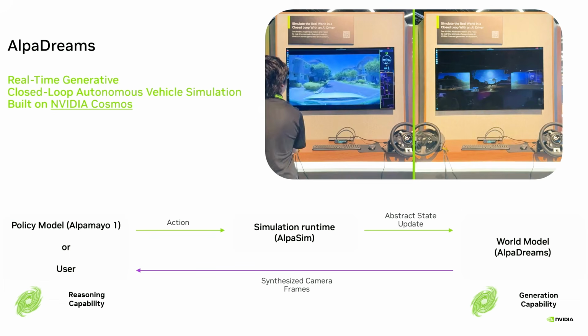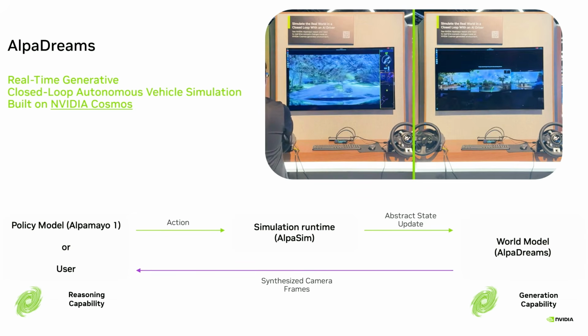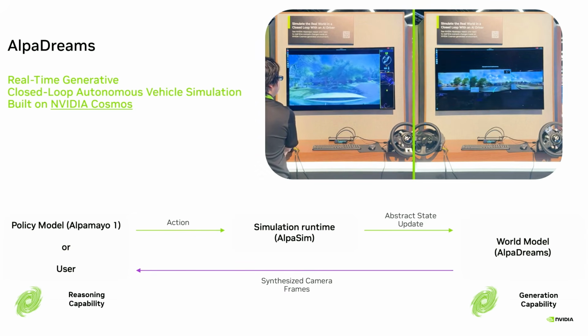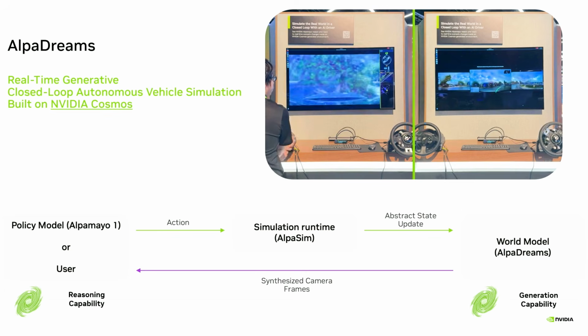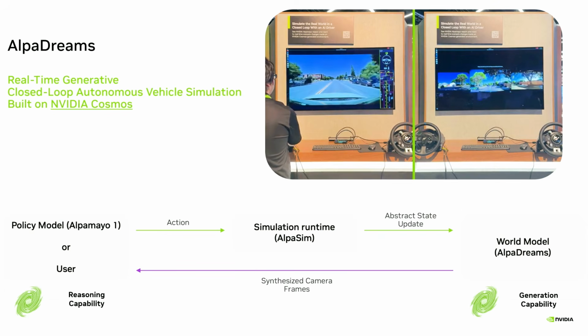We can have a user control the steering wheel, or have a driving policy like Alpha Mayo 1 control it. With the driving policy, we can do this closed-loop simulation to help improve the model. The action generated by Alpha Mayo 1 goes into Alpha Sim to create the world scenario map, the bounding boxes and landmarks I showed you earlier.